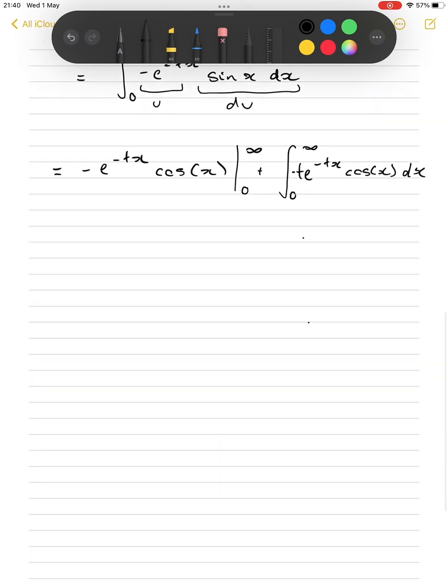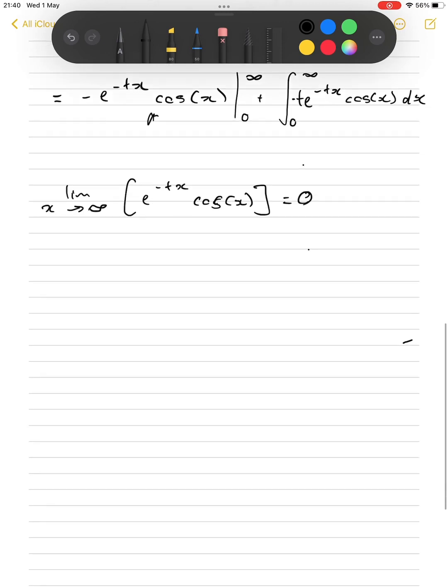Now we want to clean up this expression a bit, so we're going to evaluate the limits. As x approaches infinity, as you can see, it is just a negative exponential. We can take out the constant term, and as the negative exponential approaches infinity, it will equal 0. Then to evaluate the limit as x approaches 0, again the constant term is taken out.